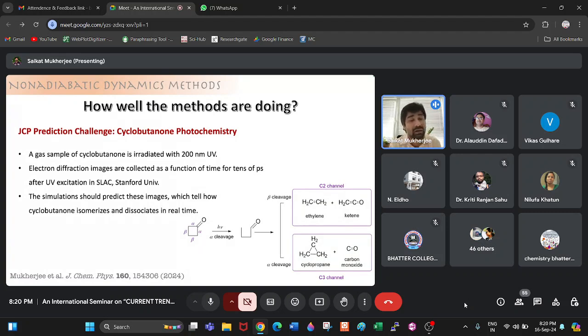There are now 20 theoretical predictions in this JCP publication, but still we are waiting for the experimental results. Then we will know whose methods are doing well or whose methods are not working at all in this scenario. So this is a nice thing to advertise.